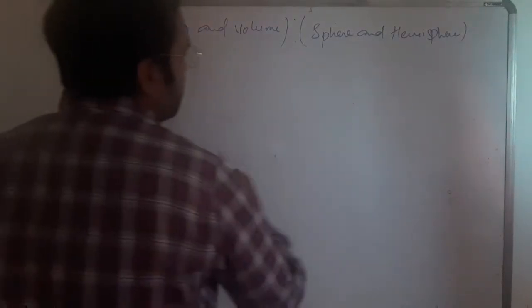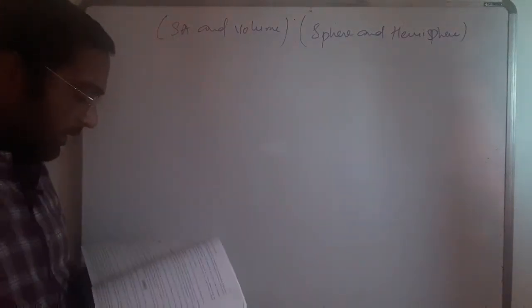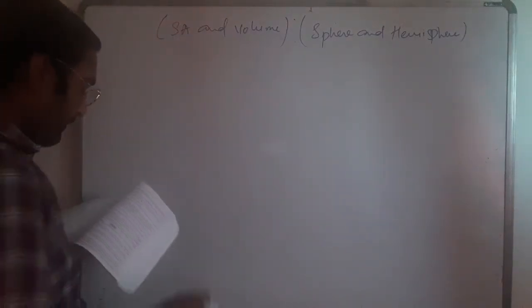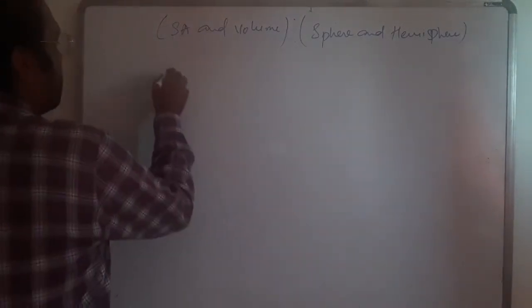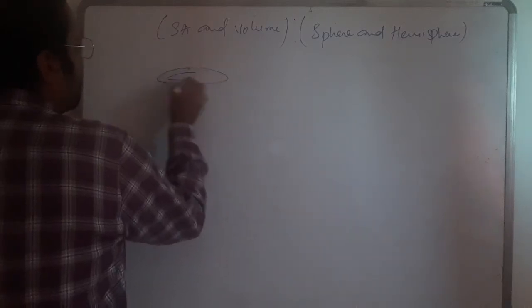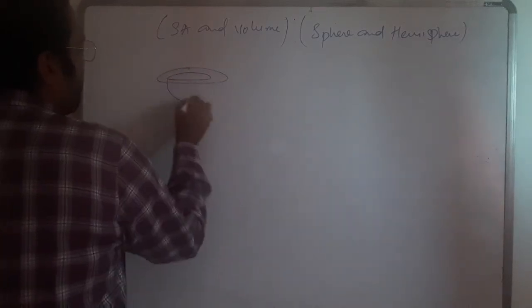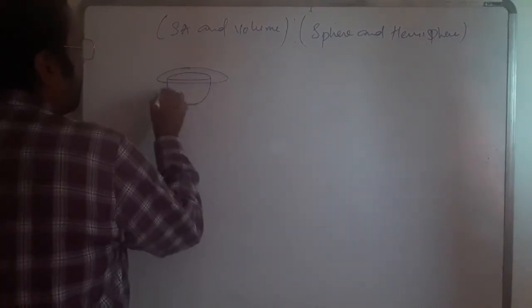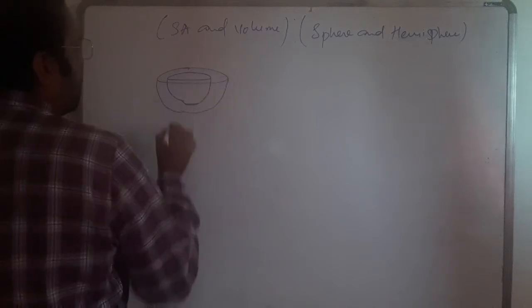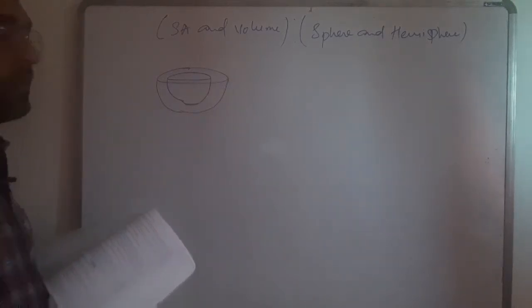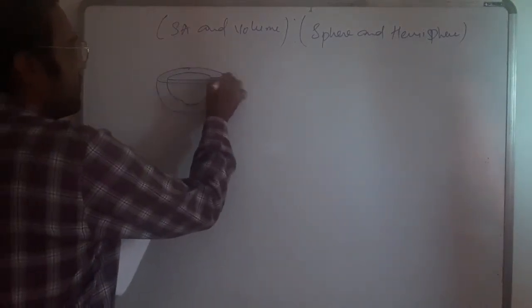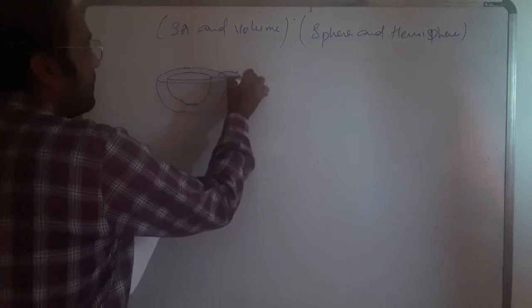Here my hemispherical tank is thick, and the thickness is given. The hemispherical tank is like this, and this is the thickness, 1 centimeter.